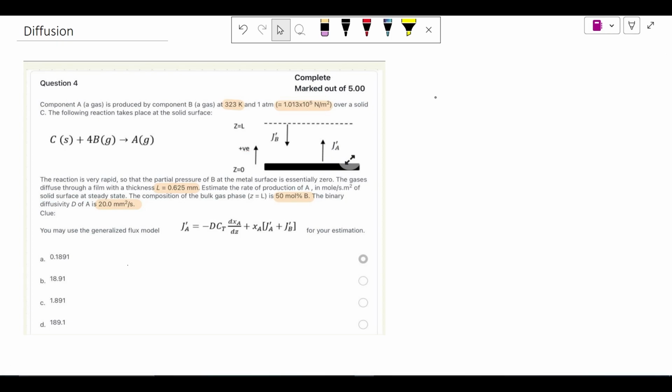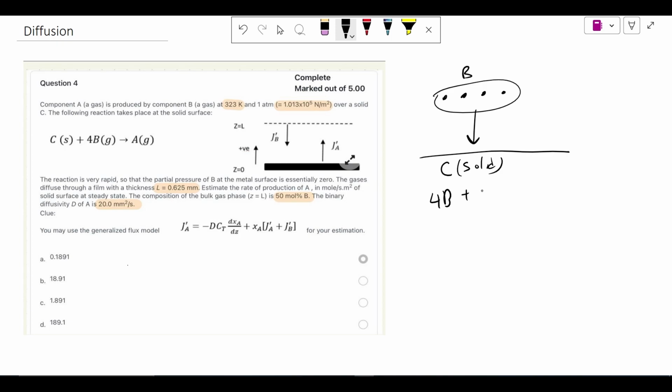It's like this: four atoms of B come to the metal surface, which is solid C, and react with C. B plus C will produce one atom of A, and that atom will go up.